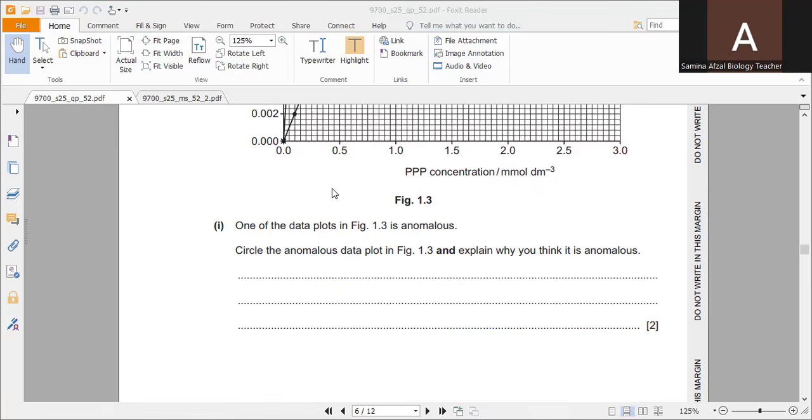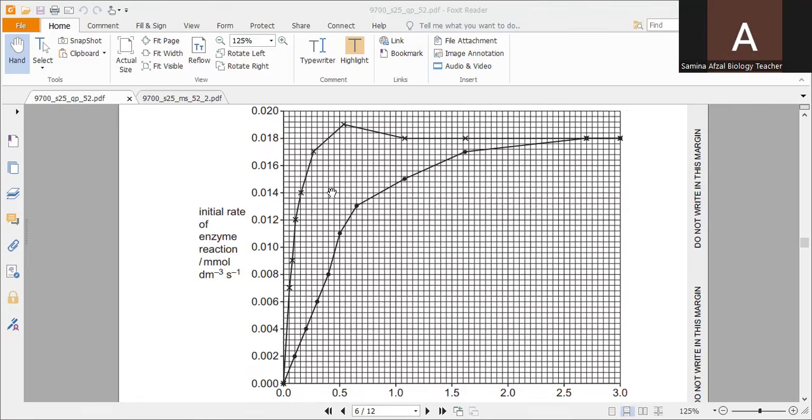So in the graphs, you can see one of the values is anomalous.